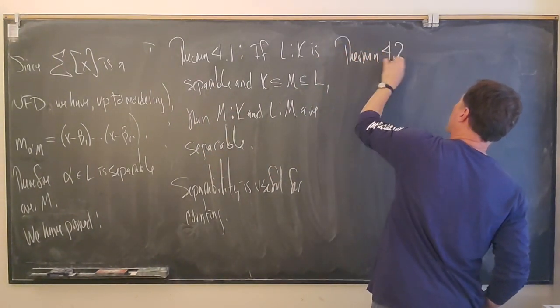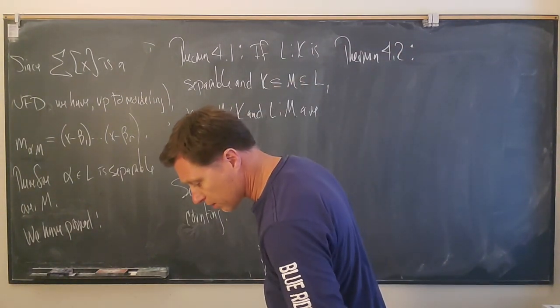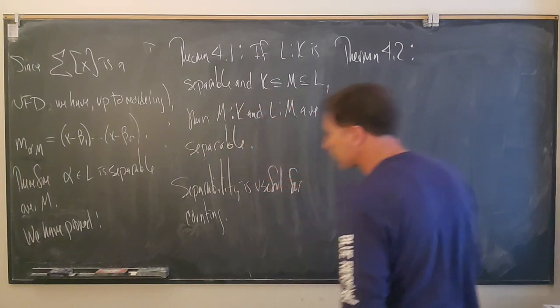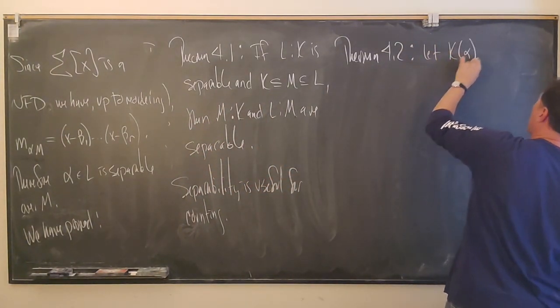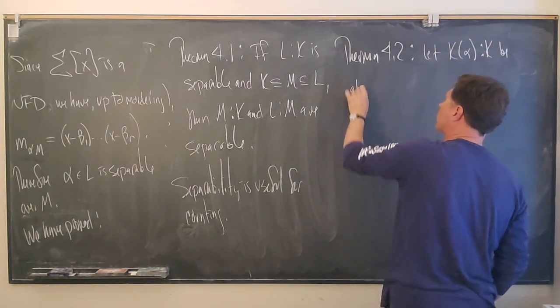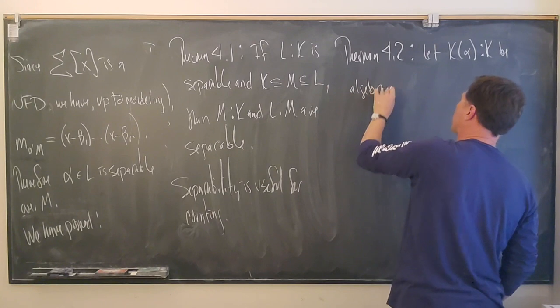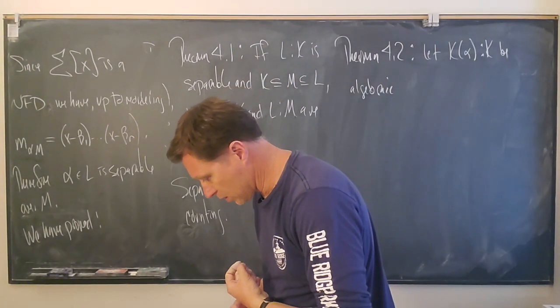So first, theorem 4.2. Let K adjoin alpha over K be algebraic, which is just another way of saying alpha is an algebraic element.